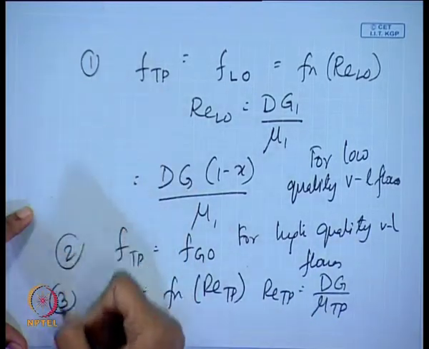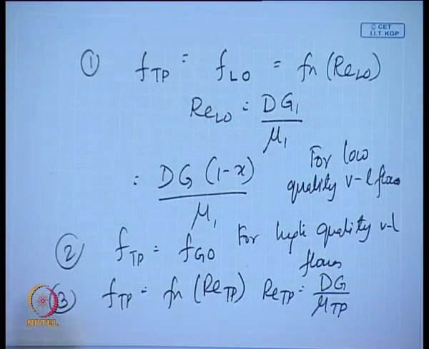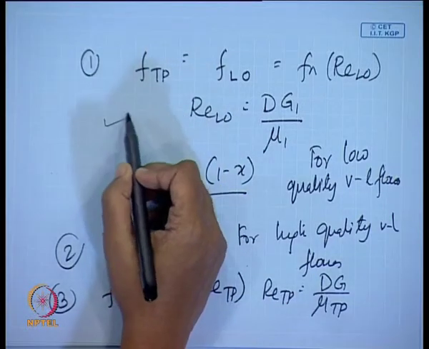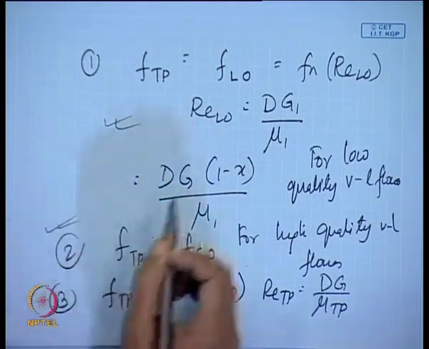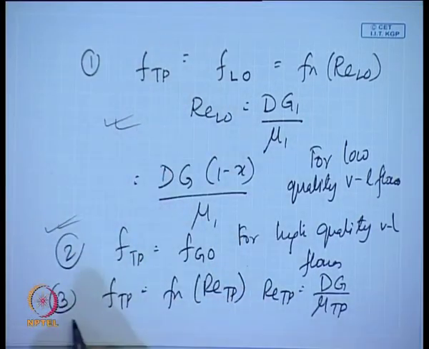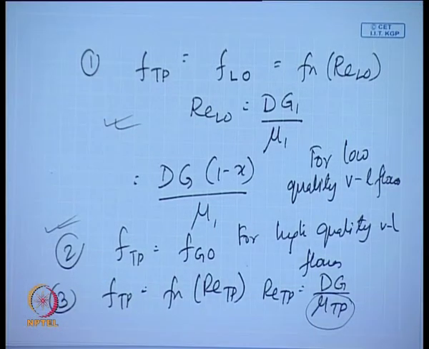These are the three ways by which we can define it, and we find that there are problems with these; they are for very idealized situations, and here the problem is to define mu TP. Okay. So, in the next class we will be discussing different ways of deriving mu TP, number 1.